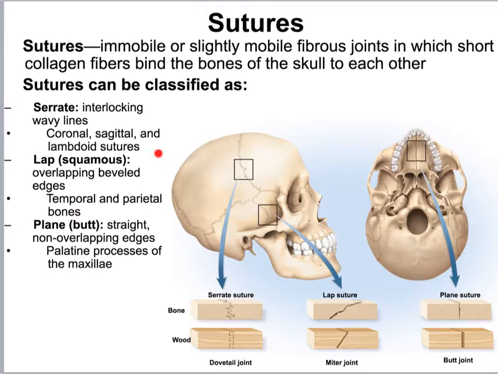Lap or squamous sutures. So you can see here in the temporal bone. So we have a lap suture. With a lap suture, you have one bone which will overhang and the other bone that will underhang, and they form a diagonal.